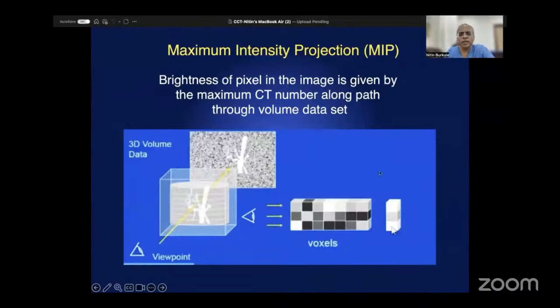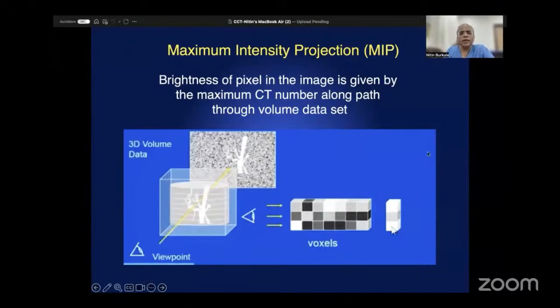Looking at the set of voxels, it identifies the voxels having very high Hounsfield units above a particular threshold, and then joins all those voxels to create a very high attenuation image, and that is how it can clearly delineate the vascular space, so artery and its branches, and so forth. So this is called the MIP, or the maximum intensity projection. This is very much utilized for the CT coronary angiogram.